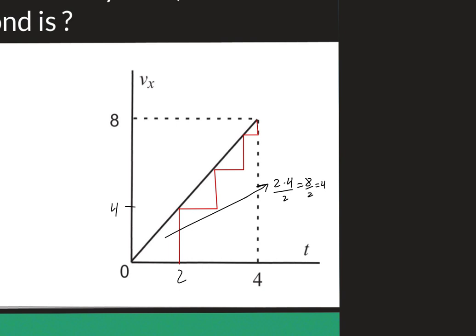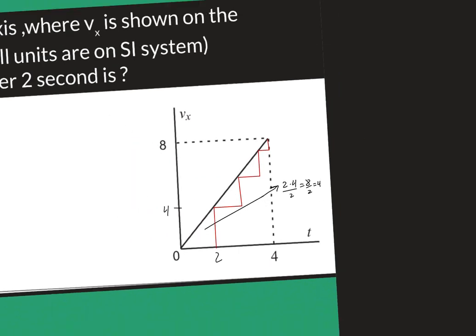So we multiply both and divide by 2. Divide by 2, why? Because we're moving 2 up. I'm sorry, 2 to the right. So it will be 2 times 4 over 2, which is 8 over 2, which is 4. So the answer is 4.